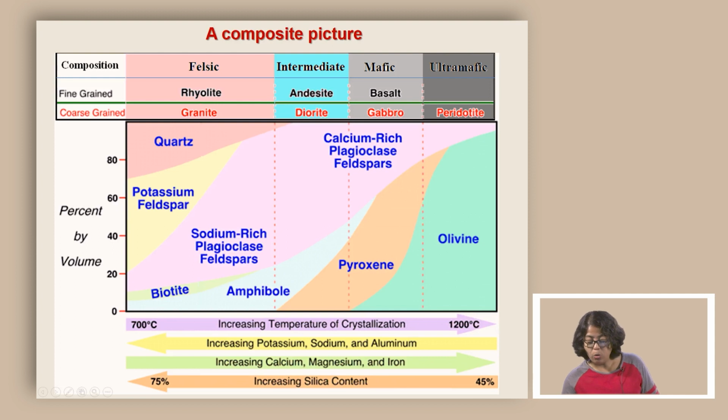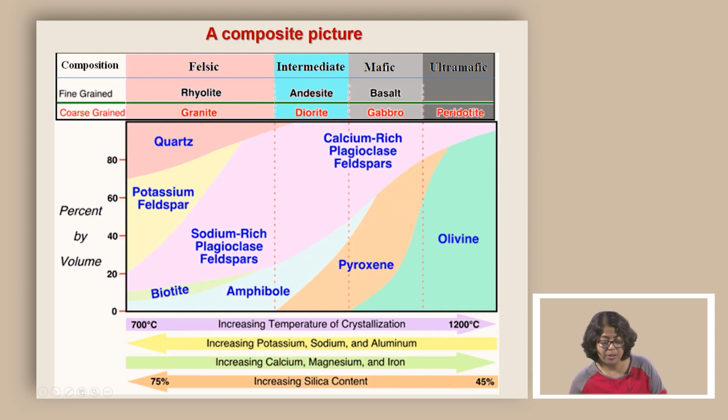So, for example, olivine sits somewhere here, which basically means that they require very high temperature for their crystallization. So, if you are looking at the resulting composition, they will have a little bit of olivine, a little bit of pyroxene, and calcium rich feldspar. That would be the composition of these ultramafic rocks called peridotite.